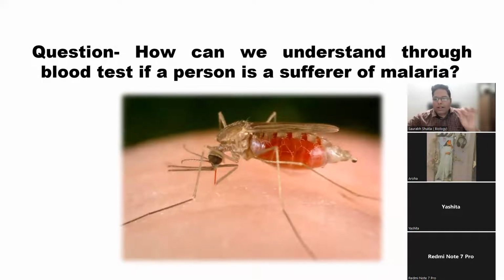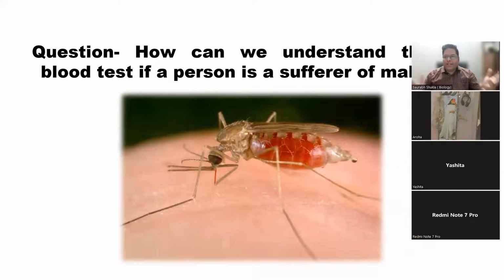How can we understand through a blood test if a person is a sufferer of malaria? Let's see who will answer. Who is the champion of this blood test question? Let's see. So now I'm sure students are thinking about this answer. Yashita, question is clear, beta?